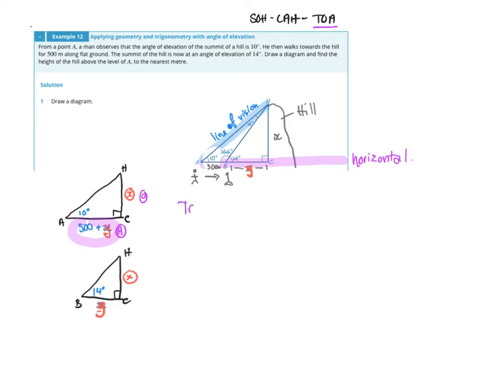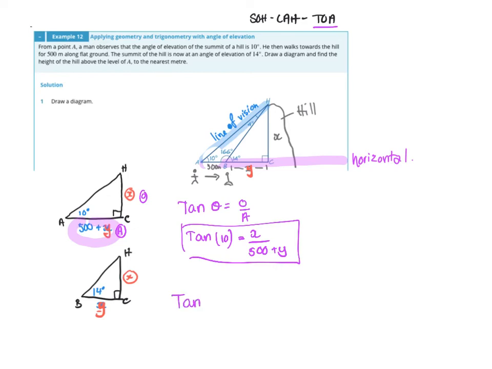So tan angle equals O over A. So I could say tan 10 degrees equals X over 500 plus Y. So here's the first scenario. And then if I do it for the bottom one, it'll be tan 14, because this is opposite over adjacent. It'll equal X over Y. And this is my second scenario.